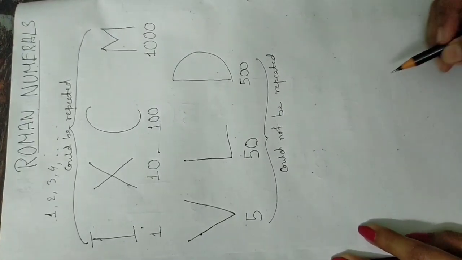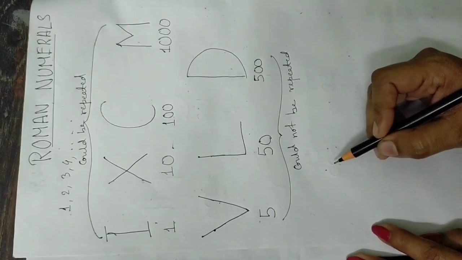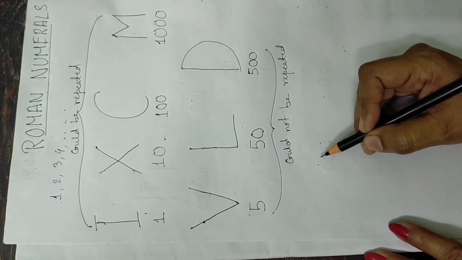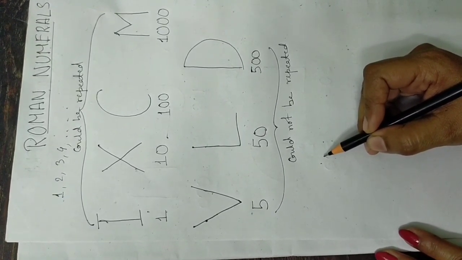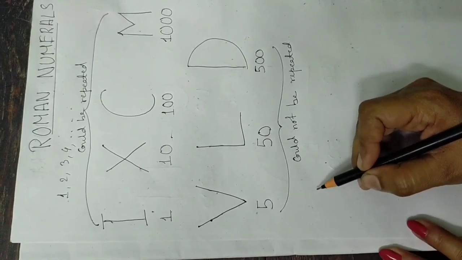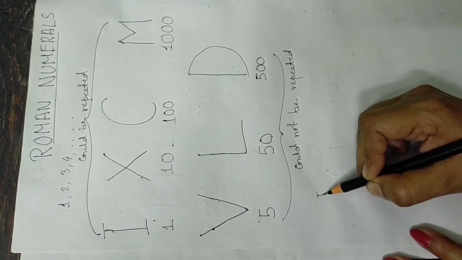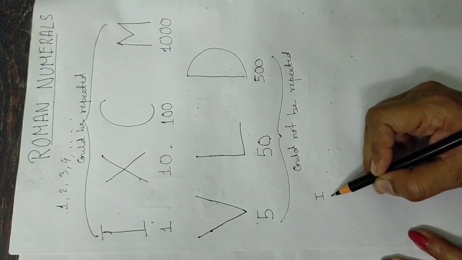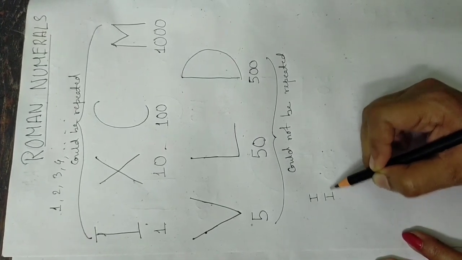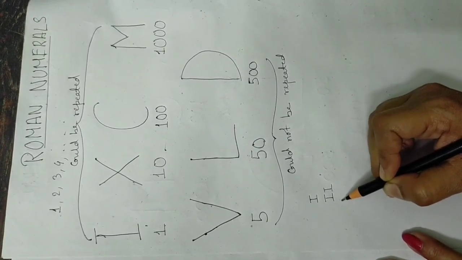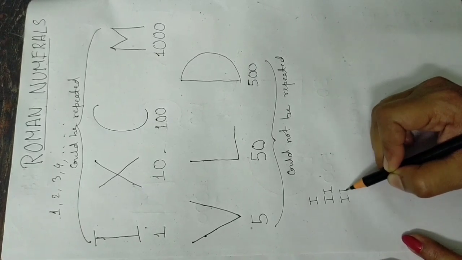In class 4, you have already learned how to write symbols from 1 to 39. For example, for writing 1, you use I once. To write 2, we use I twice. For 3, we use it 3 times.